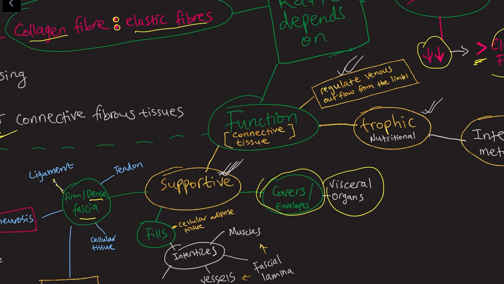So, in other words, fasciae support, they are involved in the feeding of tissues, and they also help in the blood flow. As we said, fasciae cover visceral organs, muscles, nerves, and other vessels, the neurovascular bundles, they cover organs, yeah.